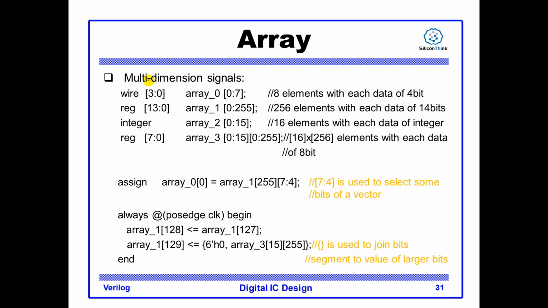Okay, let's see some multi-dimension signals. We call it array. This is something like the array in C language. You just use this symbol after the signal name. So this is an array of one dimension. This is an array of 2 dimensions.